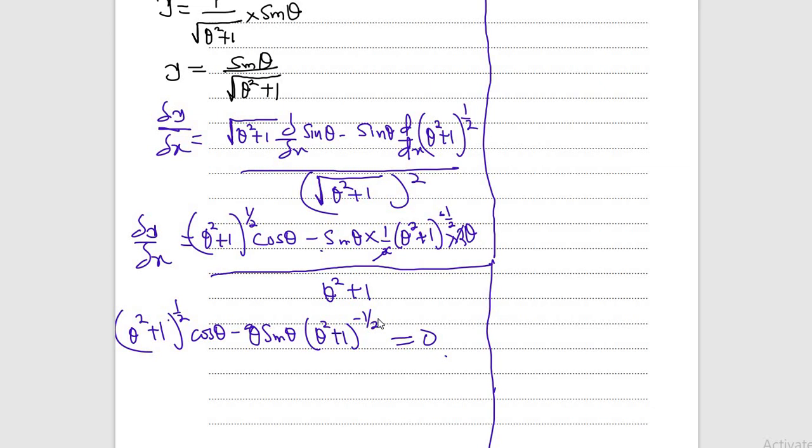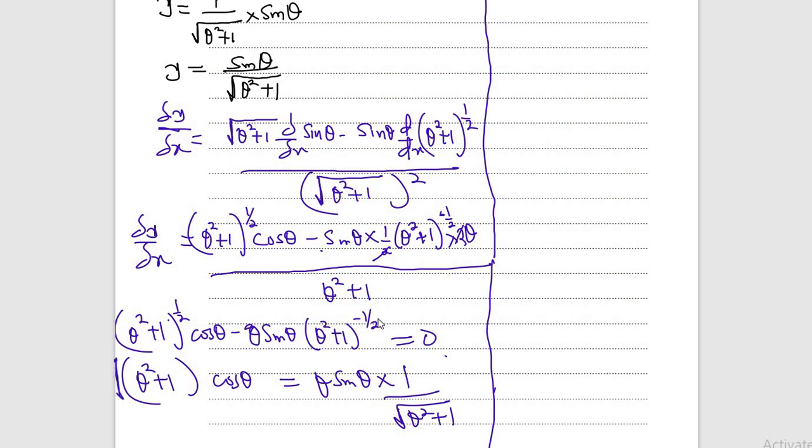So at the end of the day, we have theta squared plus 1 raised to power half, cos theta, equal to theta sin theta multiplied by 1 over square root of theta squared plus 1. Meanwhile, don't forget that this is also a square root.